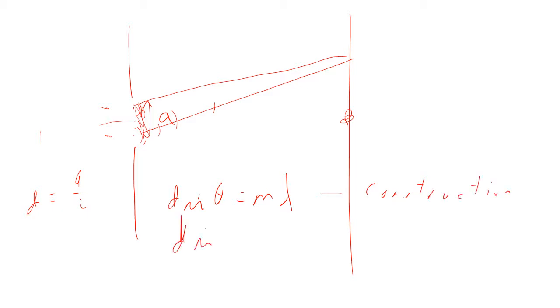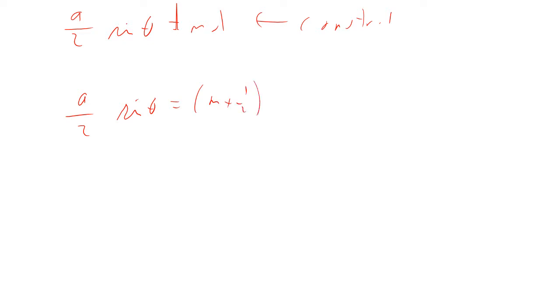And if d sine theta equals m plus 1/2 lambda, we get destructive interference. But d is a over 2. So a over 2 sine theta equals m lambda is going to be constructive. And a over 2 sine theta equals m plus 1/2 lambda is going to be destructive.